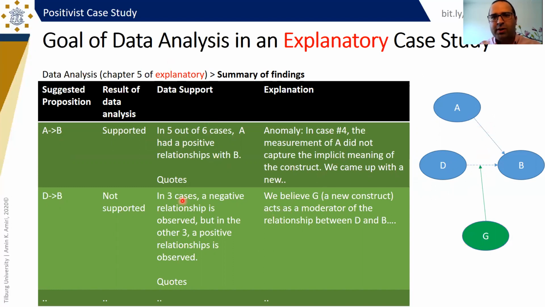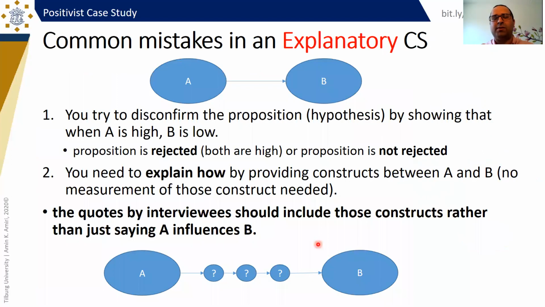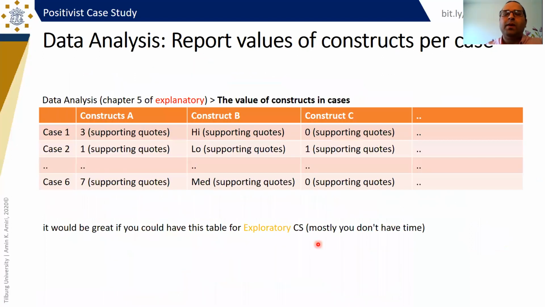These 3 cases supported, 3 cases did not support it. The reason was that there is a G here that acts as a moderator. So you need to provide some explanation here. So that's the goal of data analysis. So I leave this to you to read.